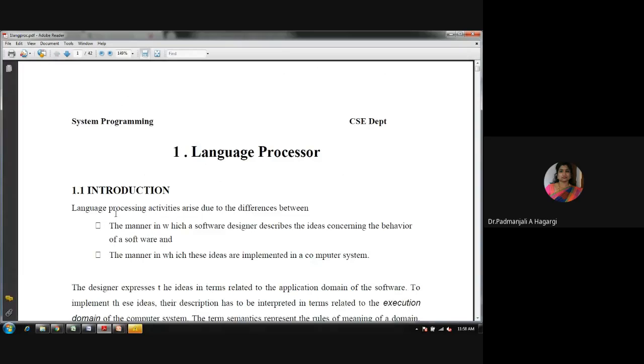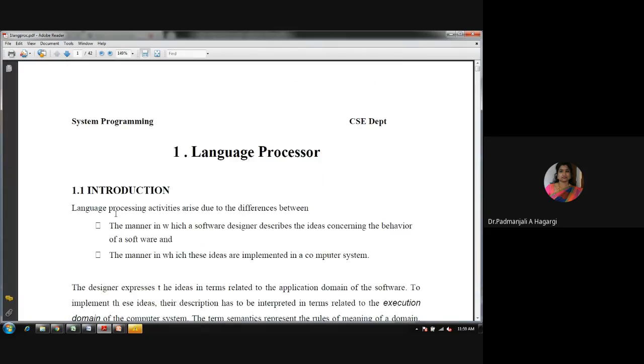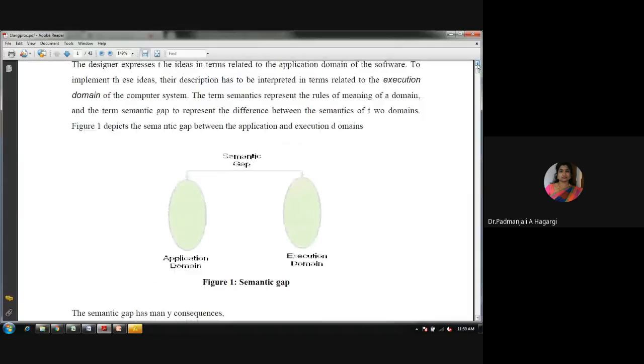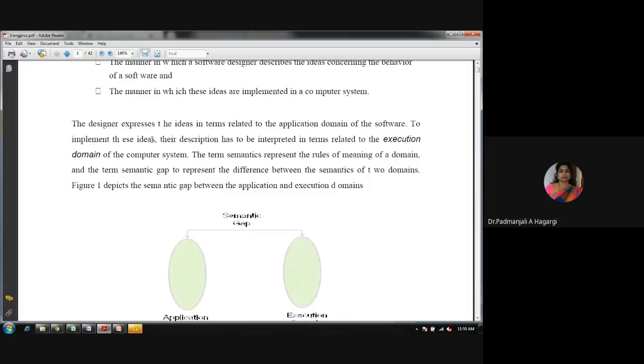In the introduction, we have seen the specification gap, that is the semantic gap between the application domain and the execution domain. Why this semantic gap? Semantic gap is there to generate the meaningful result.